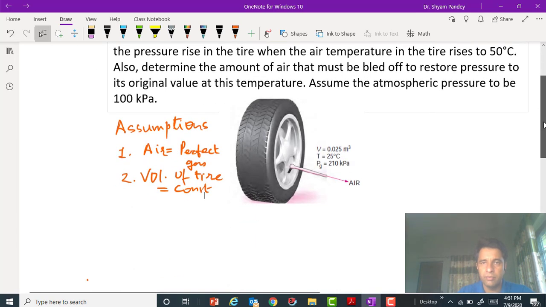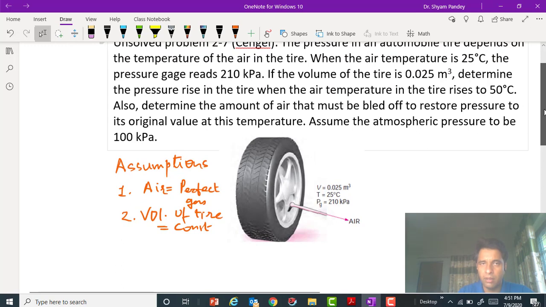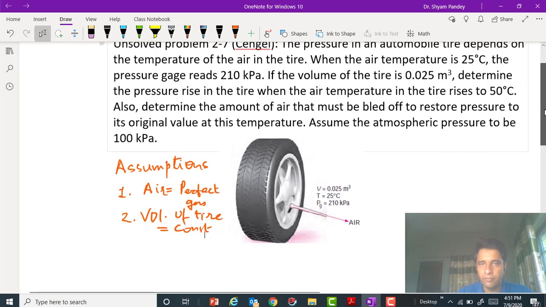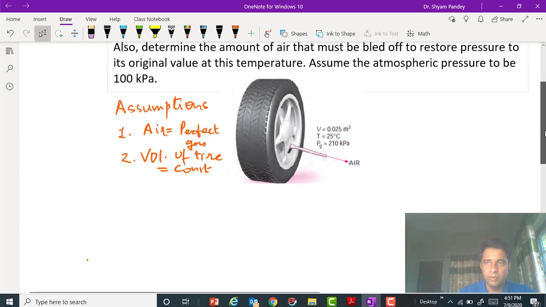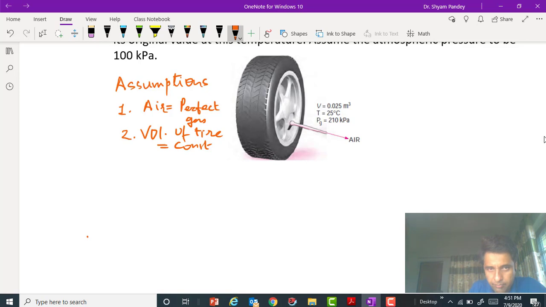So now let's solve this first. How much is the pressure rise? To get that, you need to understand what is the initial pressure.